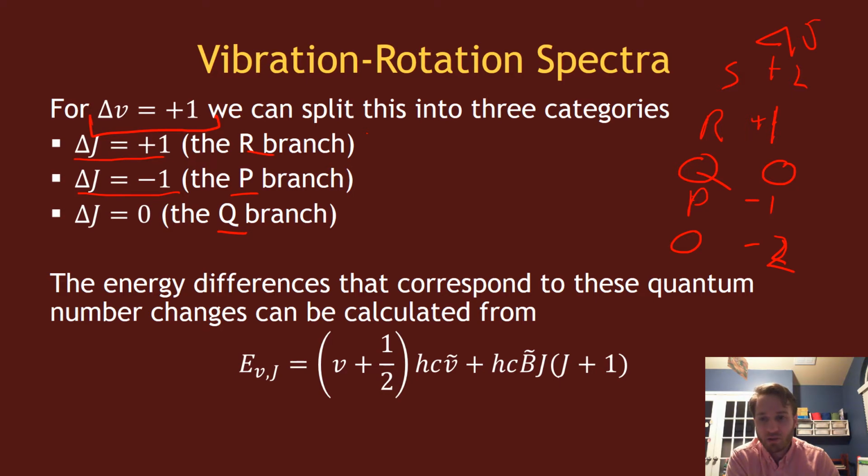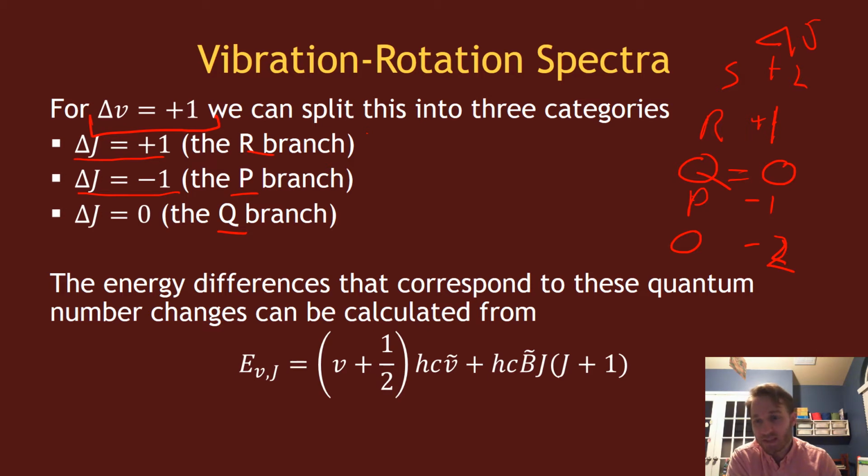The labels of these branches, O, P, Q, R, S, are related to essentially alphabetically how they appear. Q is defined as 0. Q is when there's no rotational change, and then as you go up the alphabet, your change in the rotational quantum number increases by 1: R equals +1, S equals +2, T would be +3, and so forth.